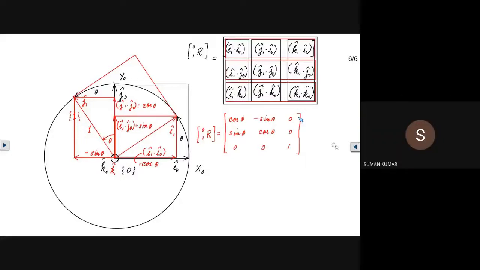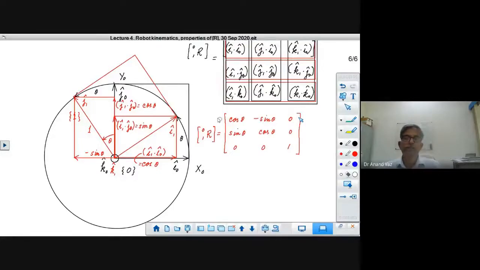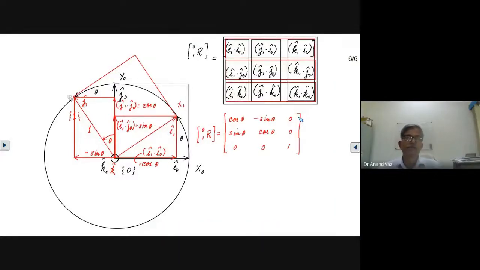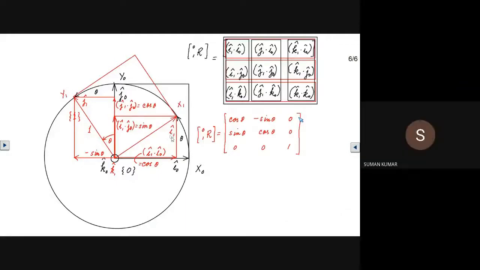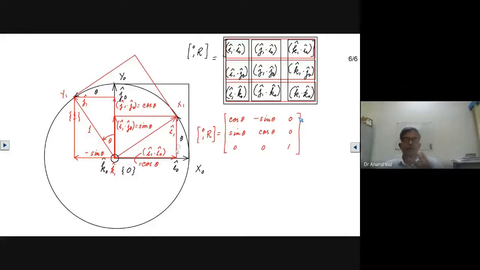We have got the x1 axis here and the y1 axis here. In fact, frame x1 y1 is oriented with respect to frame x0 y0 by an angle of theta, and this is how we specify the orientation of frame 1 with respect to frame 0.